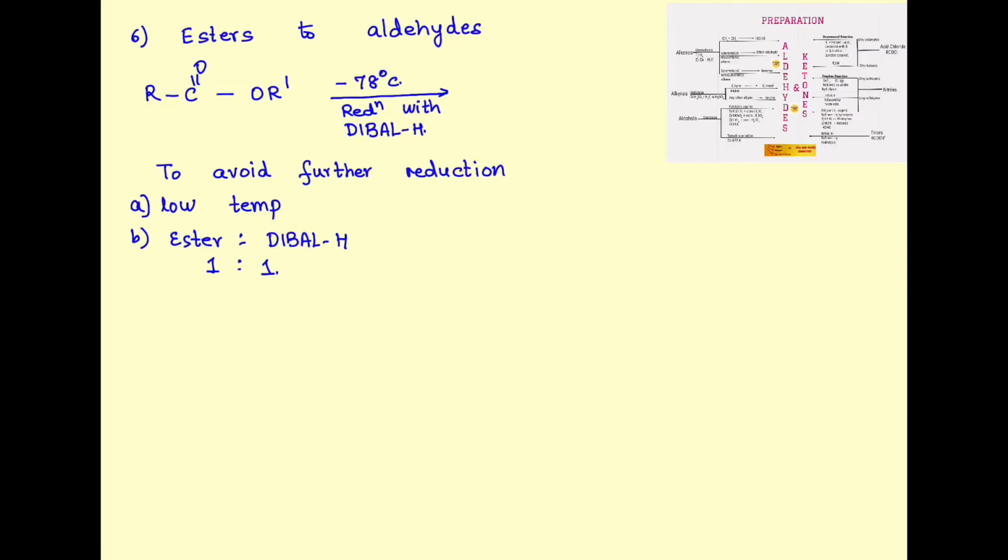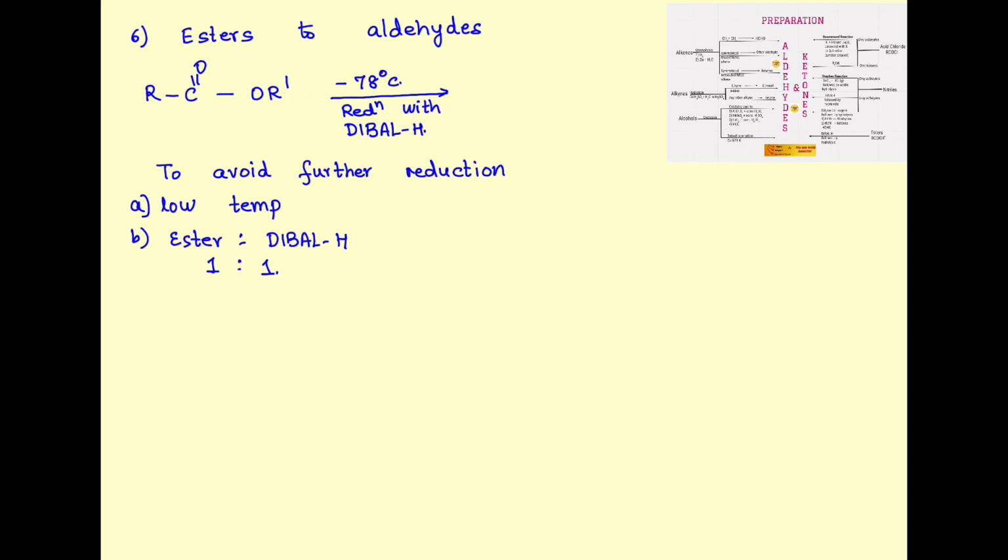The last method of preparation is from esters, and as we spoke in the earlier set of reactions wherein we reduced nitriles, we said DIBAL hydride is a very good reducing agent for esters as well. So let's break it down.